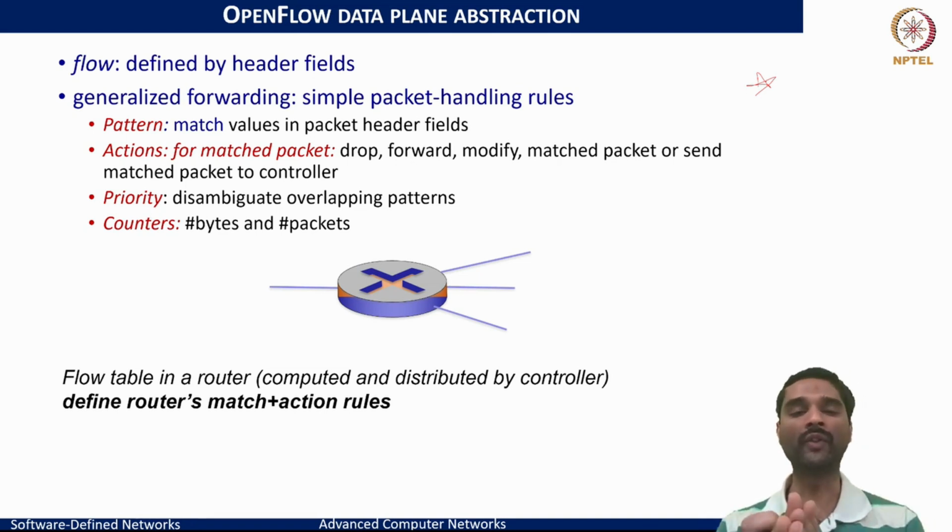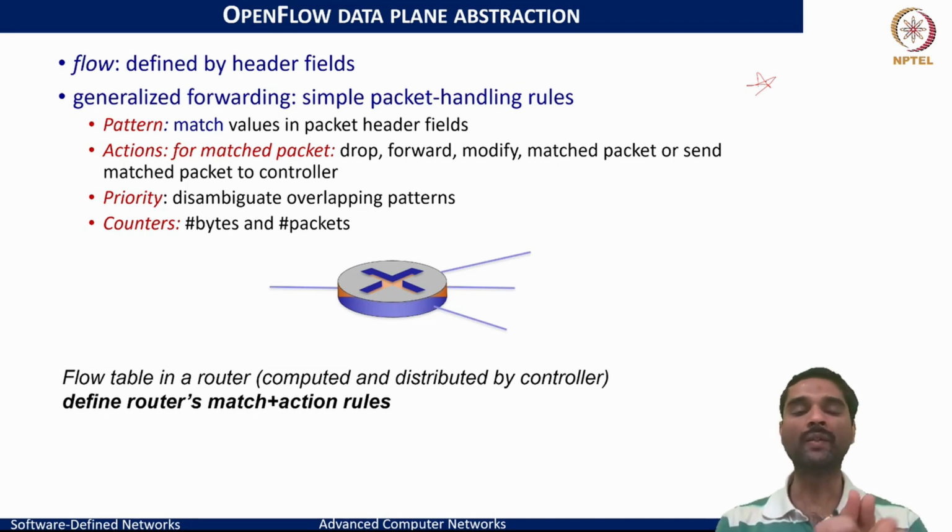And to disambiguate, if there are multiple matches that can happen and you want to disambiguate the overlapping patterns, we can use the priority bits to say which of the rules, of the subset of the rules that match, should be picked for processing.